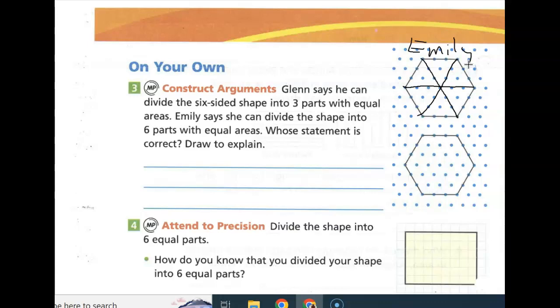An upside down Y? There you go. There's 3 equal parts. It makes it look kind of like a box, doesn't it? Like a cube. Oh yeah, it does.